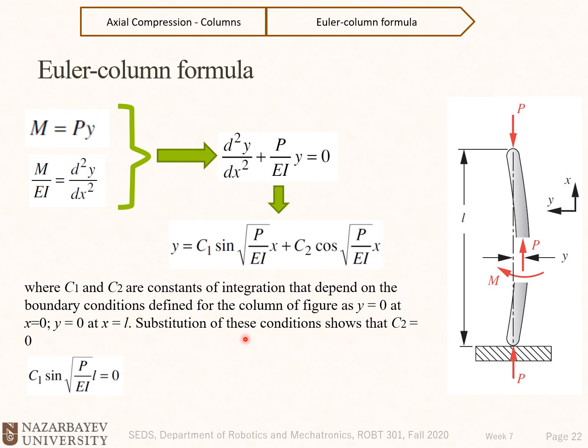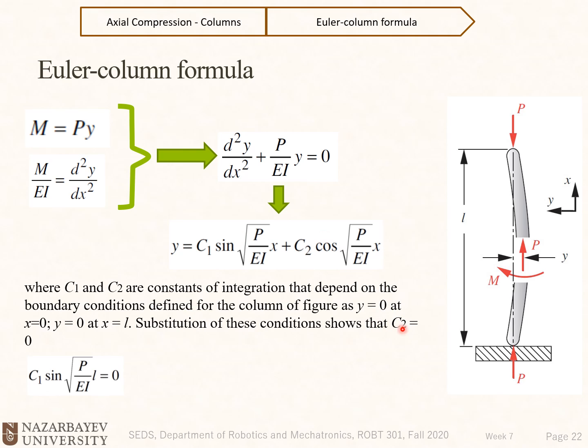So if we use these boundary conditions, we should be able to find C1 and C2. Substitution of these conditions shows that C2 is equal to 0. You could simply test that: put X as 0 and Y as 0 and see what the values of C1 and C2 are. You will have two equations to find C1 and C2.